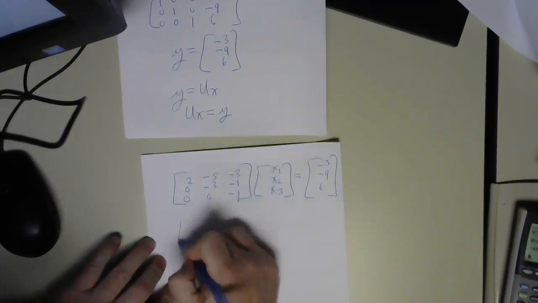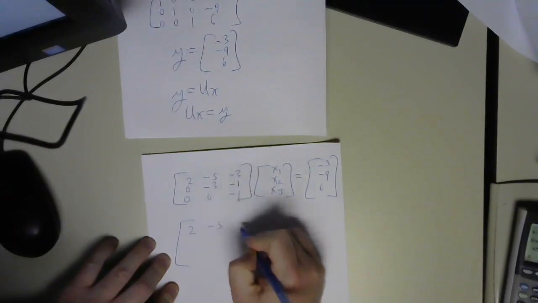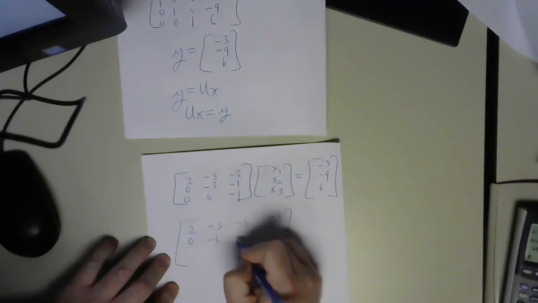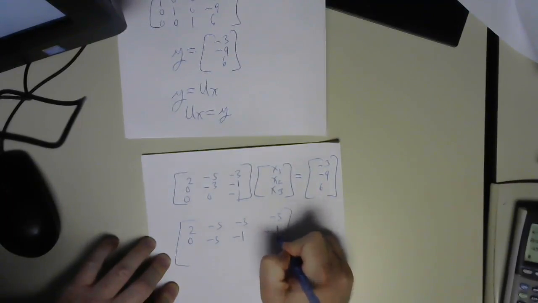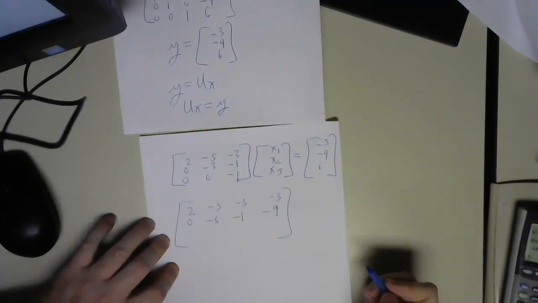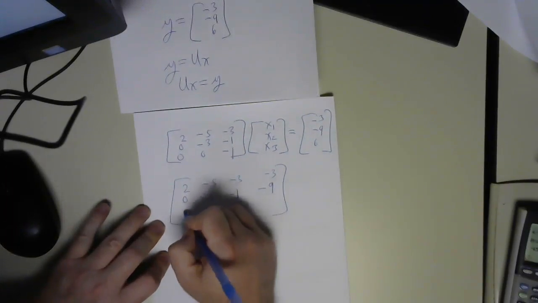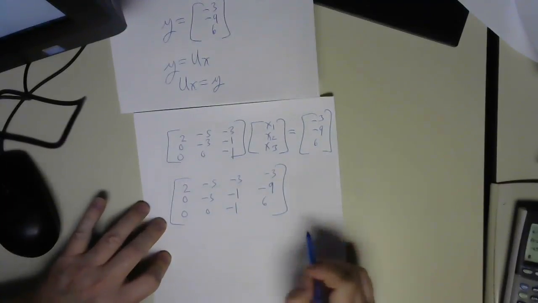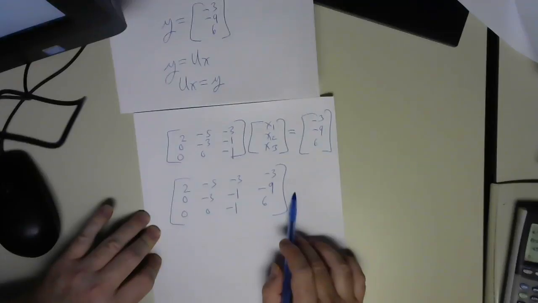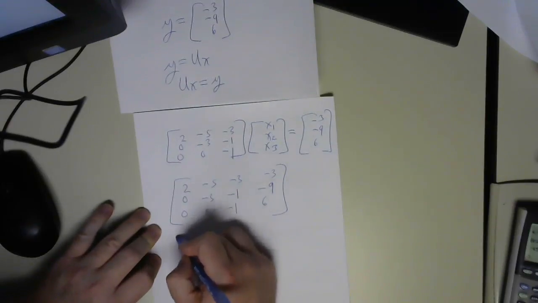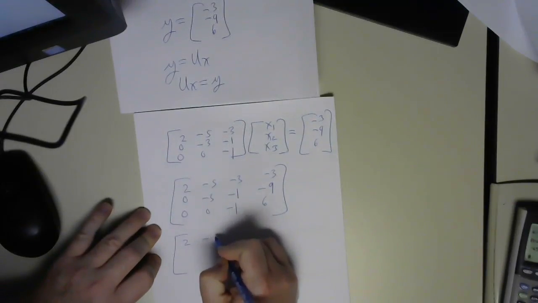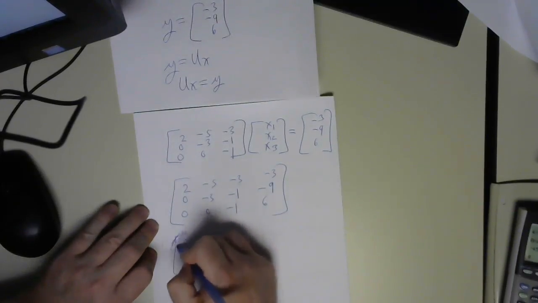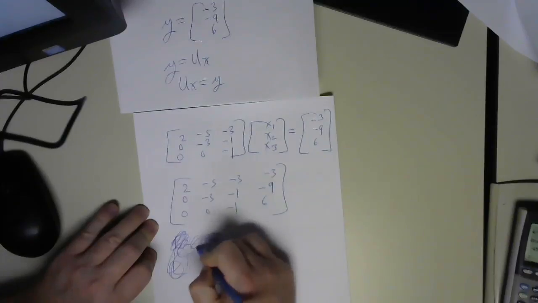So once again, augmented matrix. So it looks to me like we need to divide the second row by -3. And actually, I suppose we should fix that first row by dividing by 2 first.